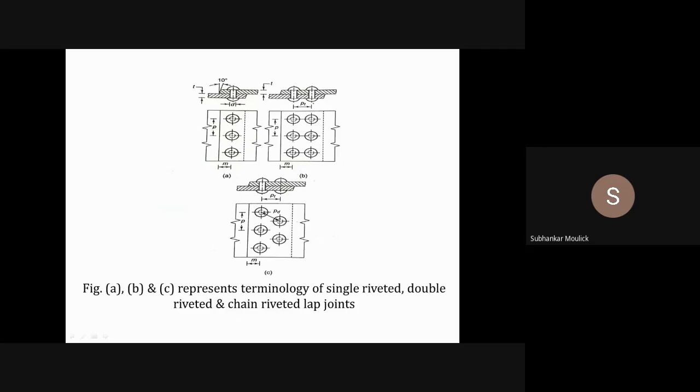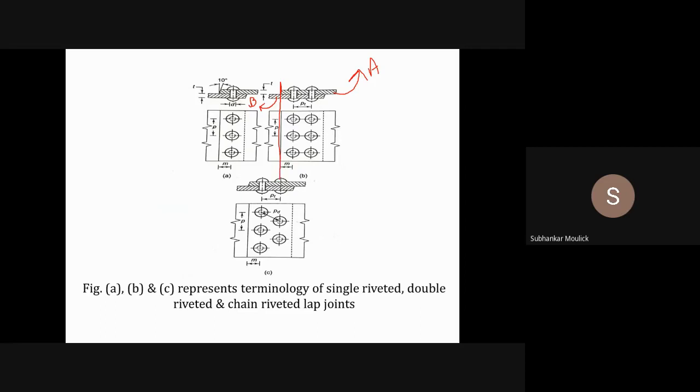Similarly, if I talk about the second diagram, it is a double riveted lap joint. Then how will I define which distance is my margin? This is my plate A, and this is my plate B. If I consider plate A, the nearest edge to the rivet is this edge.